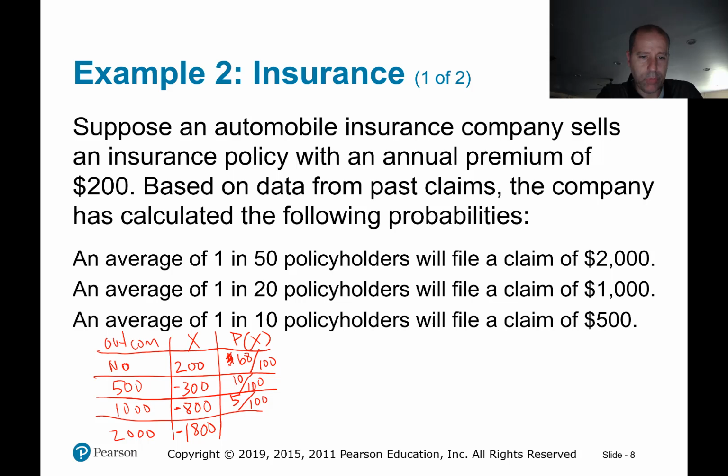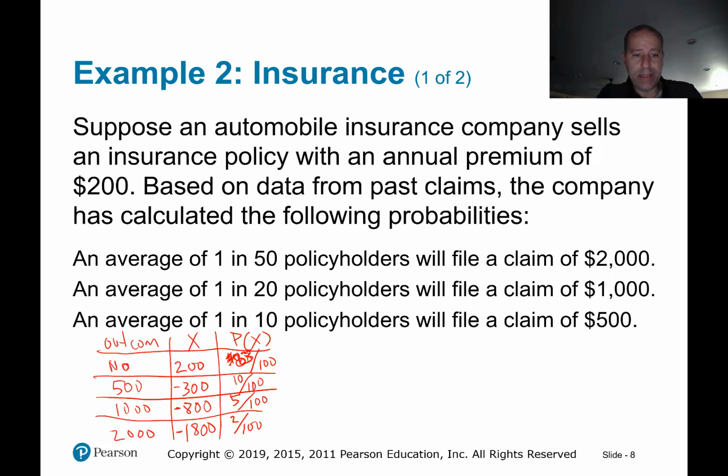My math was off on the last one. Hold on. And then this was 2 out of 100. So that's 17, so this would be 83. And that should add up to 1. 83, 93, plus 7. Yes, that equals 100.